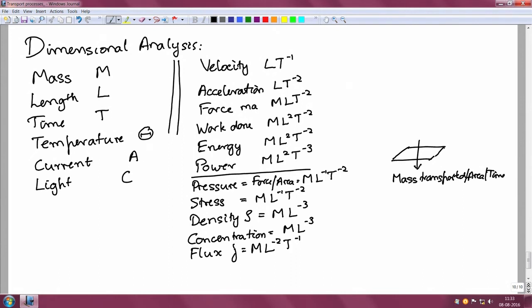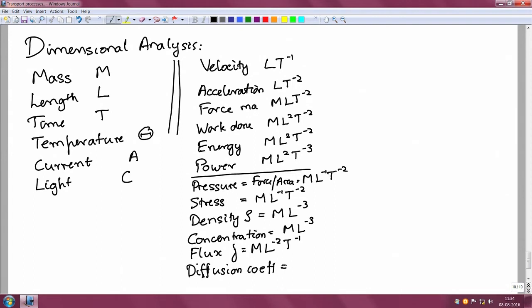Now, in mass transfer, the other quantity that is of importance is the diffusion coefficient. How do we get the dimensions of the diffusion coefficient?